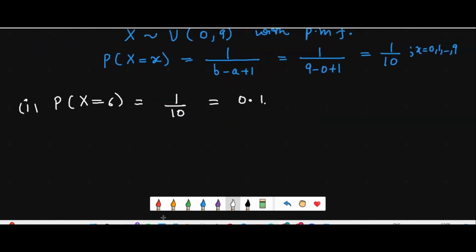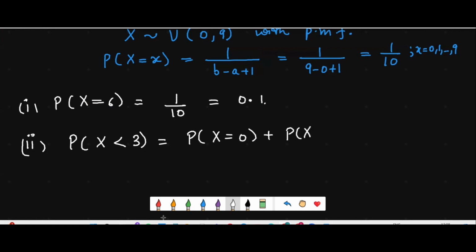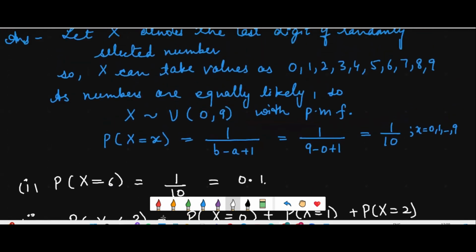Then we need to find out the probability that the last digit is less than 3. So strictly less than 3. So in this we have either 0 or 1 or 2. So as we could see here, less than 3 would include all of these 3 things.